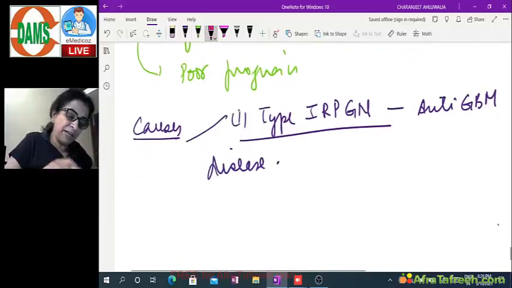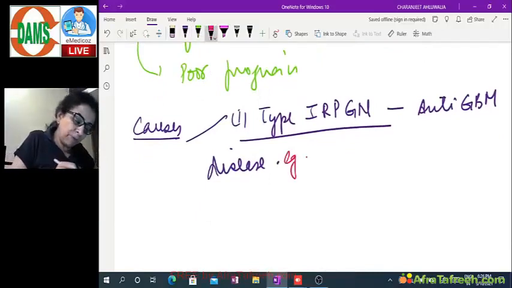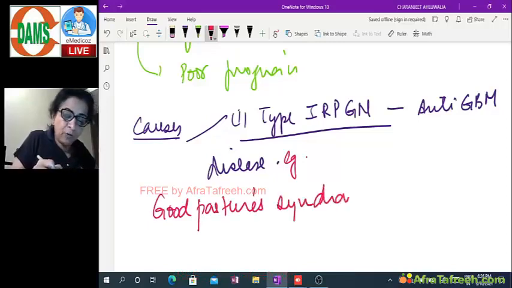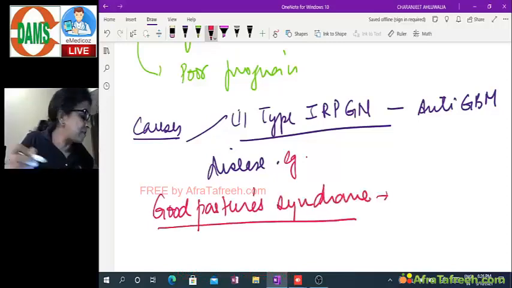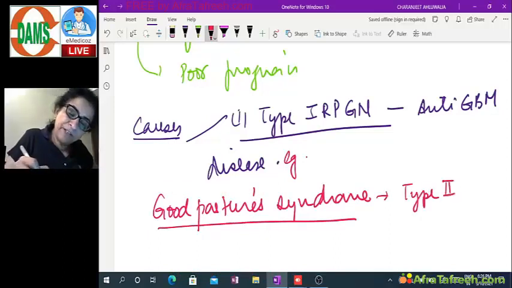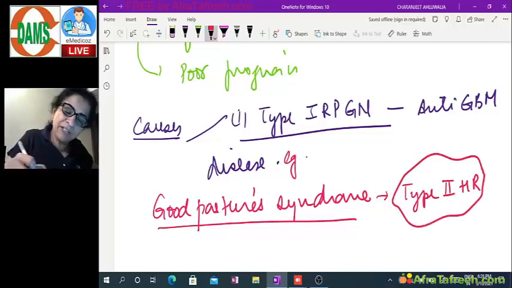Now, an example of type 1 RPGN is Goodpasture syndrome. Okay, now you know what Goodpasture syndrome is. Goodpasture syndrome is a type 2 hypersensitivity reaction.